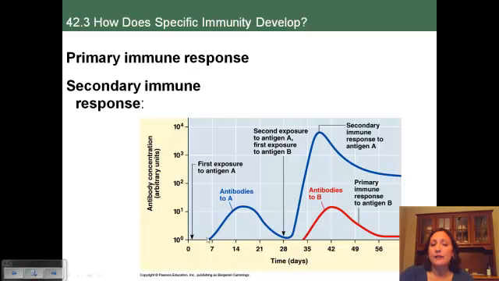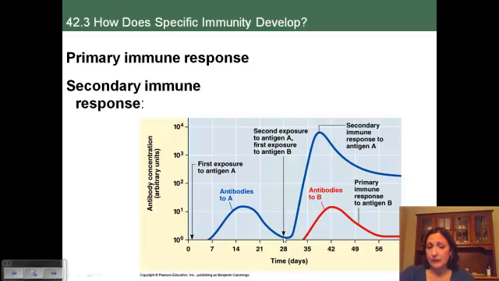Now your body starts to see that, so it becomes under your body's surveillance, and your body starts to produce antibodies, and you're feeling sick, and then your body starts to clear it, you're starting to feel better, and you clear your infection, and your antibody levels will go down.